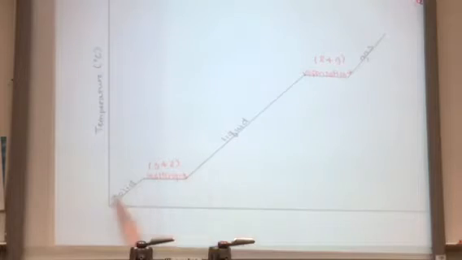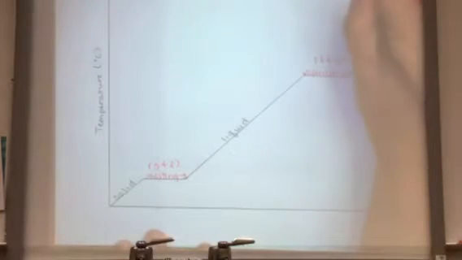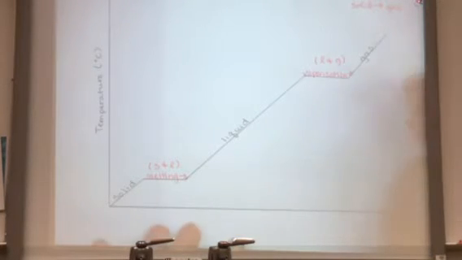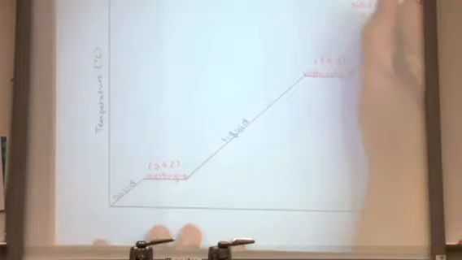Solid to gas. Does anybody remember maybe from middle school what that process is called if you go straight from a solid to a gas? Dry ice does this. Maybe when you learned about dry ice. Okay, this is called sublimation.